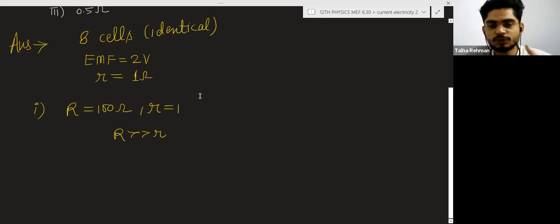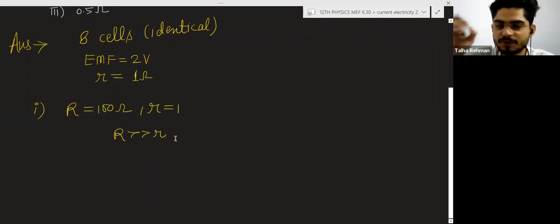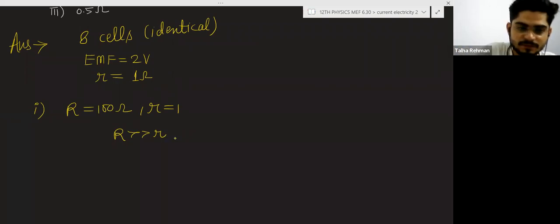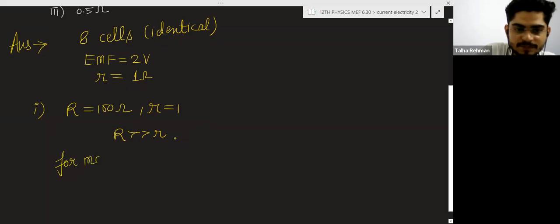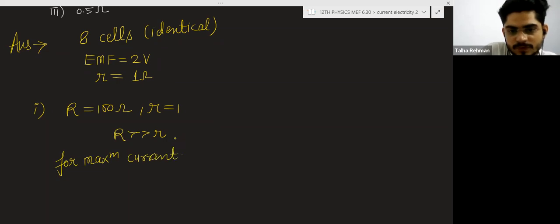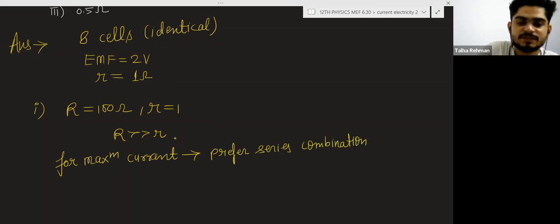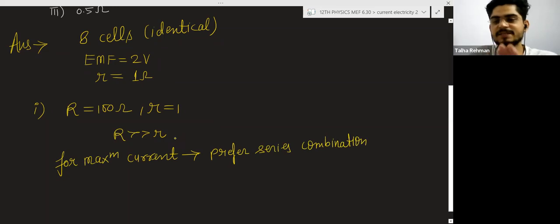And I have told you, you can check in your notes also, when the external resistance of a circuit is much greater than the internal resistance of the circuit, for the maximum current we prefer series combination. Series combination means we will connect all the 8 cells in series.